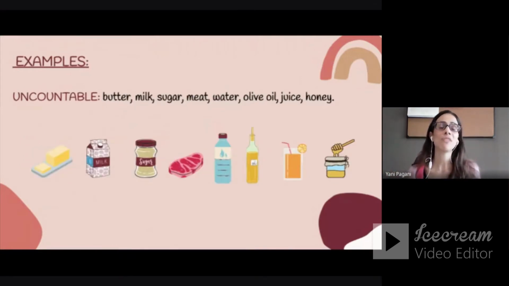And some examples of uncountable nouns, the ones that we cannot count: butter, milk, sugar, meat, water, olive oil, orange juice, and honey. These are only examples. There are many more.